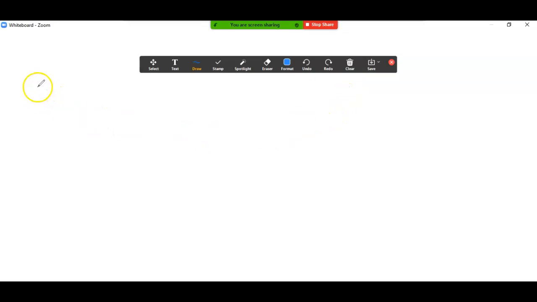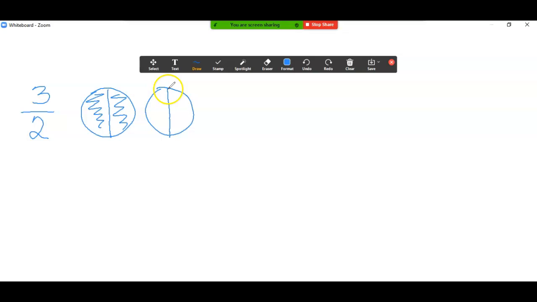Okay? I have now 3/2. Now, don't get confused about the fact that it's an improper fraction. Okay? I can still draw 3/2. This would be 2/2. And in order to draw 3/2, I would draw one more model. So there's my 3/2.